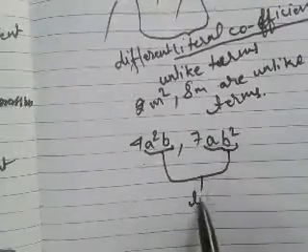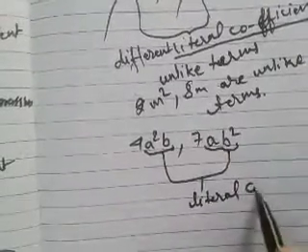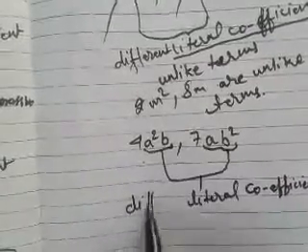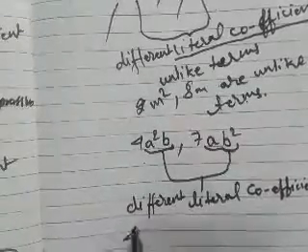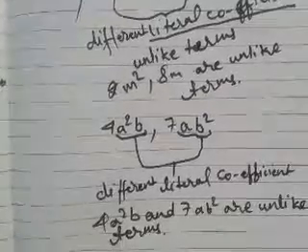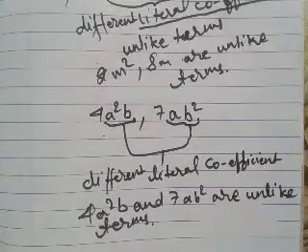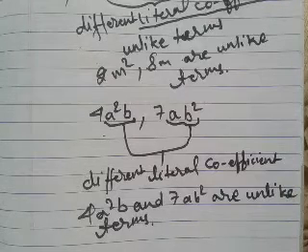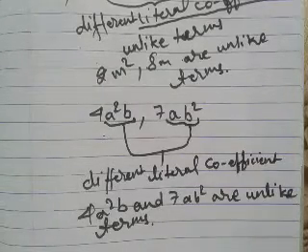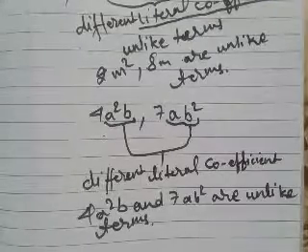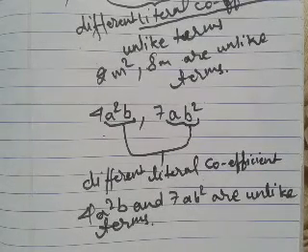So both literal coefficients are different. So 4a square b and 7ab square are unlike terms. By seeing the literal coefficients of the terms given in the question, we can easily distinguish whether the terms are like or unlike.